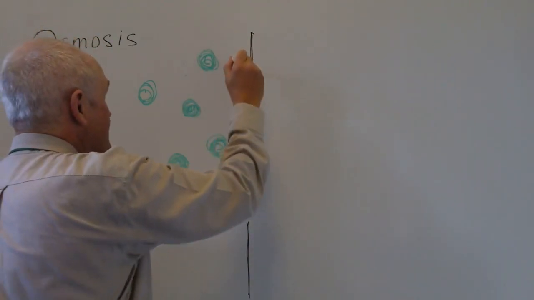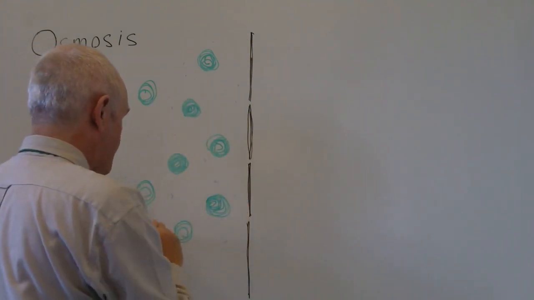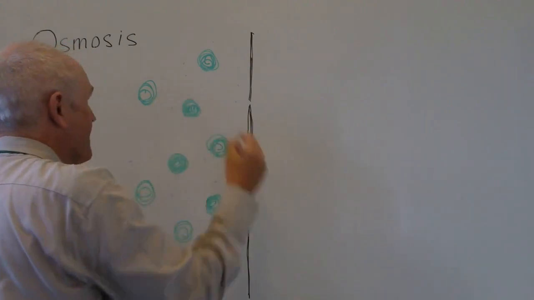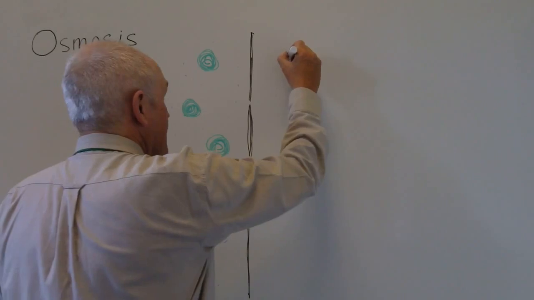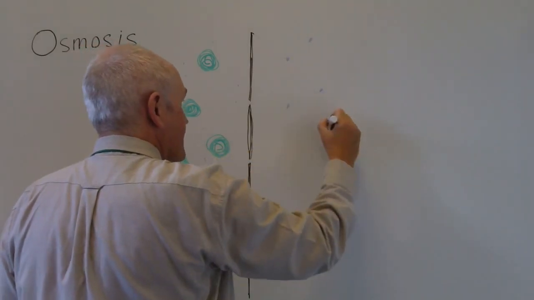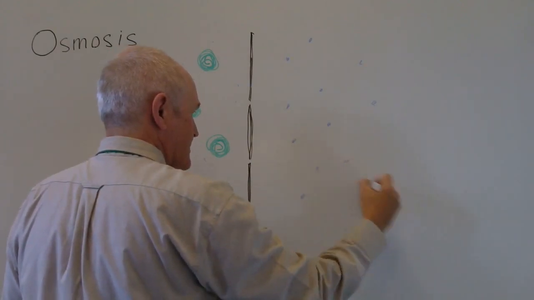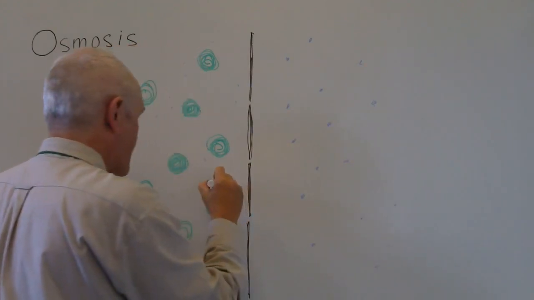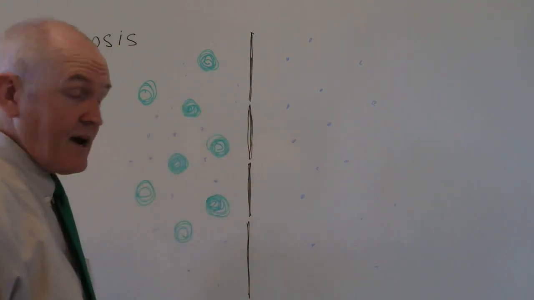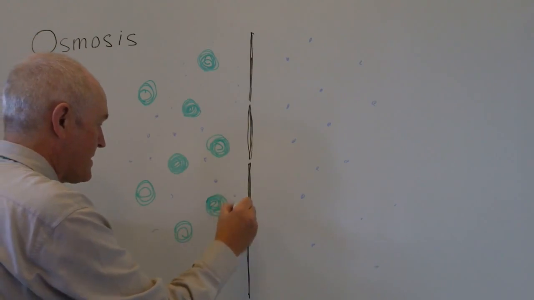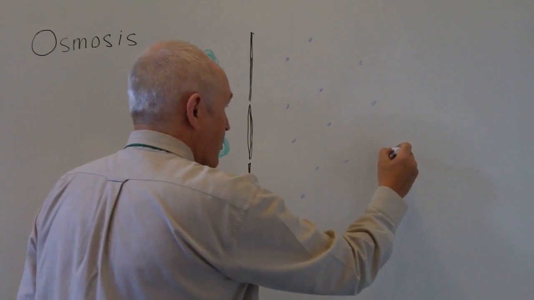So in the plasma proteins, we have lots of smaller water molecules here. And on the other side of the membrane, we're also going to have lots of water molecules over here. So here we have plasma proteins and water molecules, whereas here we just have water molecules.